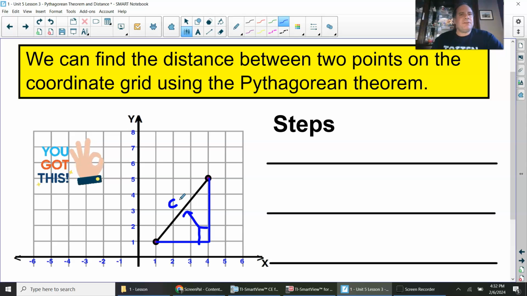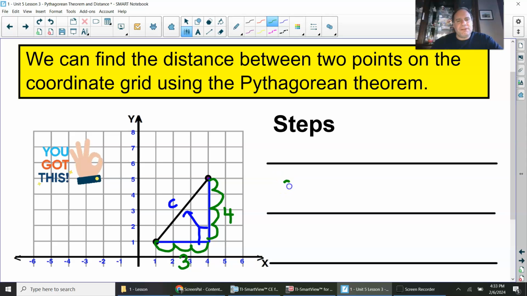They'll just have you find the distance between those 2 points, and those 2 points will always be the hypotenuse. So this makes it a lot easier though, because now once you have a right triangle, you count 1, 2, 3, 4. So that side is 4, and this side is 1, 2, 3. Count the lines, not the boxes.